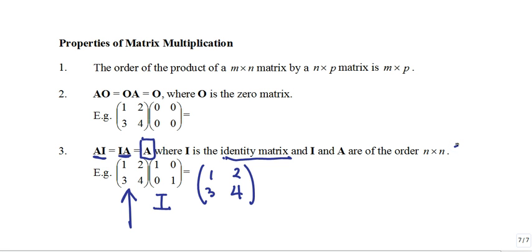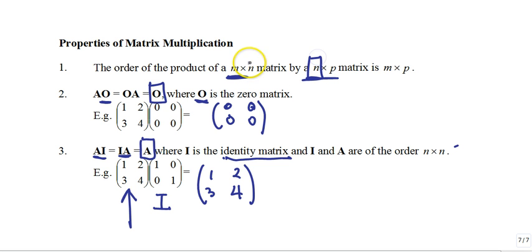How about if you multiply everything by a 0 matrix? When you multiply by a 0 matrix, you get 0. So in this case, if we do the proper multiplication, we find that everything results in 0. And of course, the last part: whenever we do matrix multiplication, always remember to write down the order.